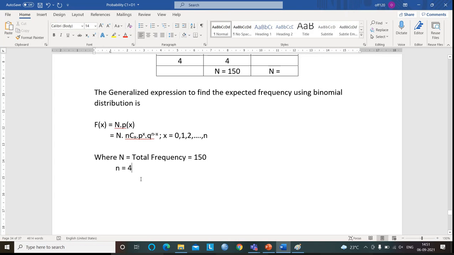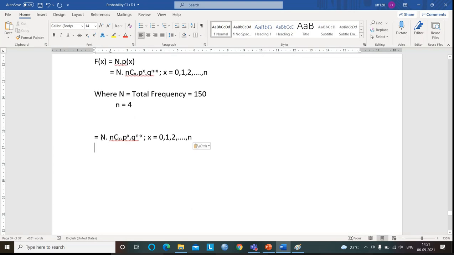So let us substitute these values in the formula. By substituting, what do we get? Instead of N, we get 150 into nCx, where n is 4, and q power 4 minus x is our answer.